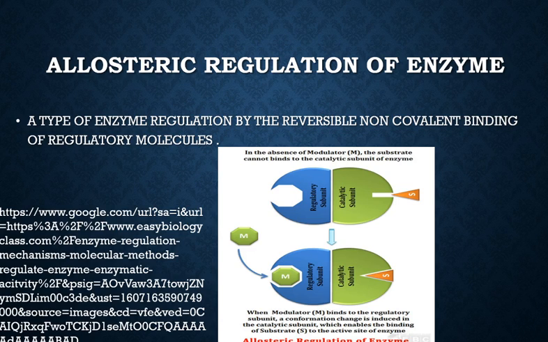And the Lineweaver-Burk plot of an allosteric enzyme will be upward concave shaped. And feedback inhibition is a type of allosteric regulation. Okay.